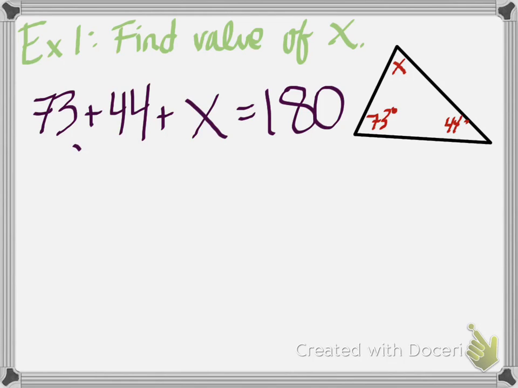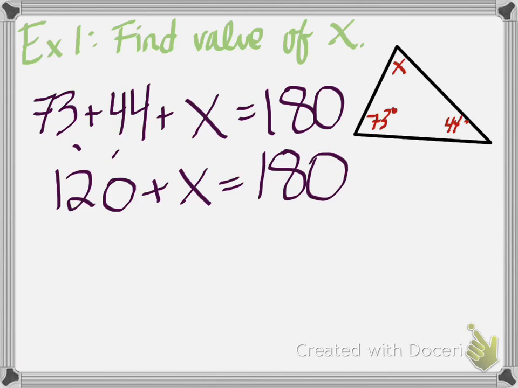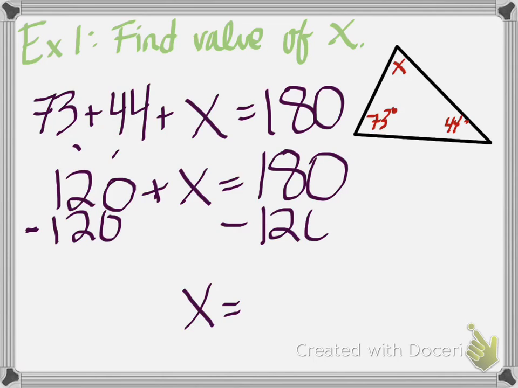Let's add these 2 numbers together. 73 plus 44 is 120, plus x equals 180. In order to solve for x, I'm going to isolate the x. I need to do the inverse of this 120, which is negative 120. 180 minus 120 is 60. That means x is 60.